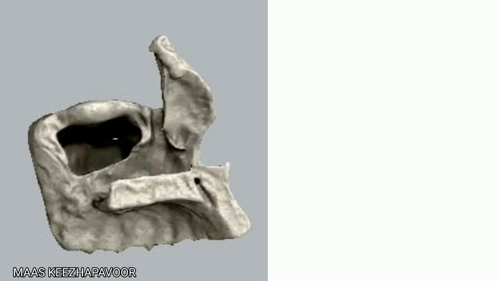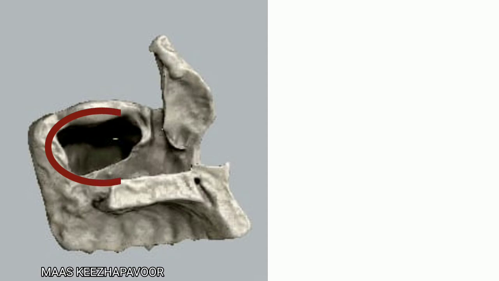The medial surface of the body of the maxilla forms the lateral wall of the nose. This surface shows a large opening called the maxillary hiatus, which leads to the maxillary sinus.